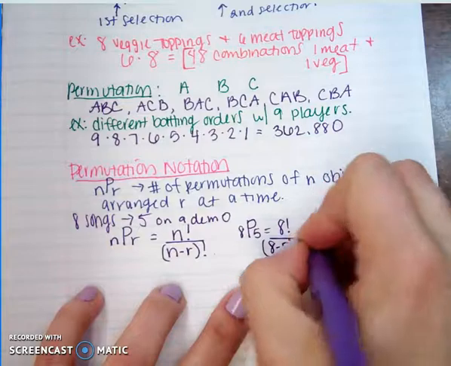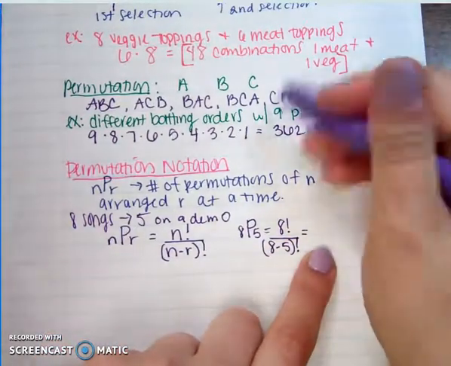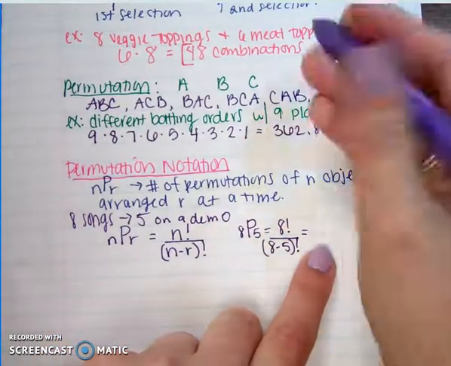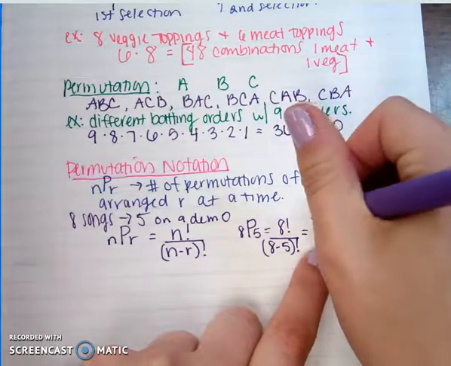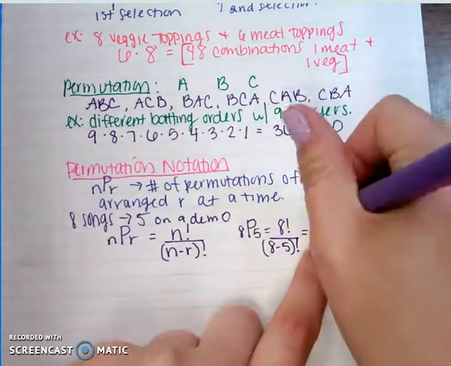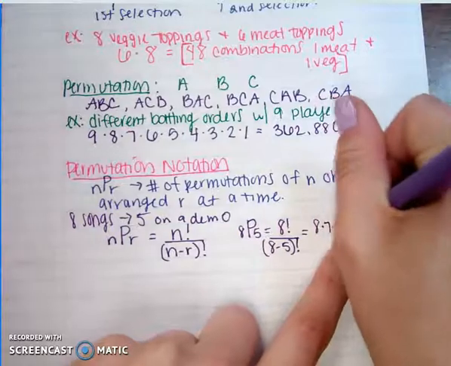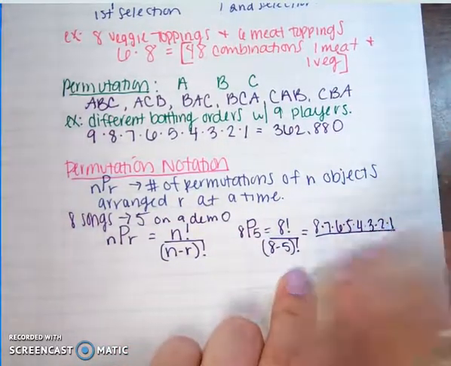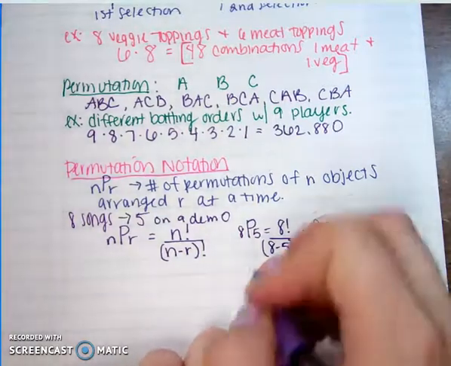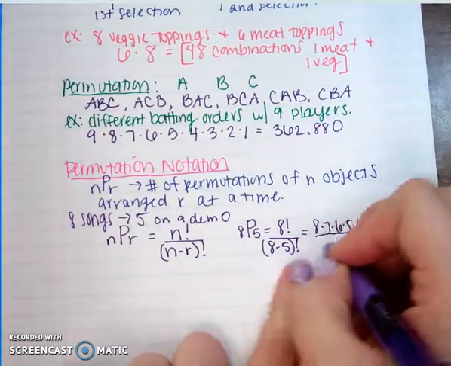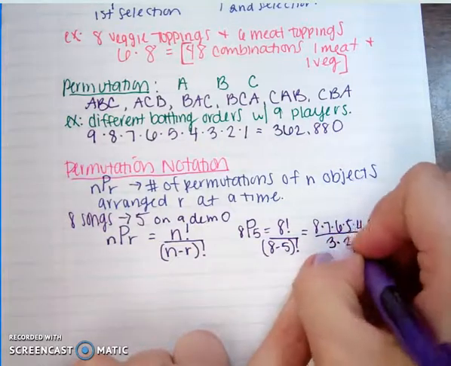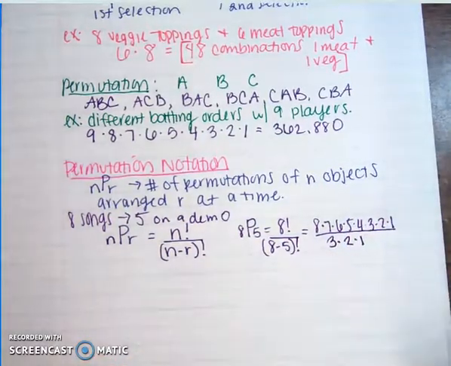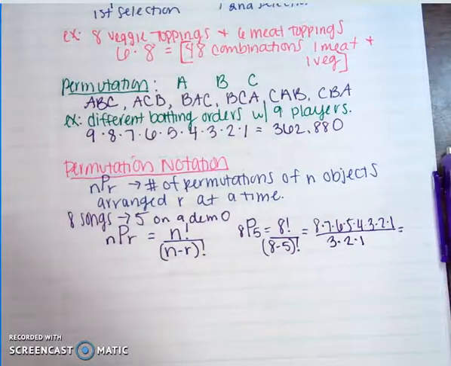What does factorial mean? It means those combinations, this permutation right here. So 8 times 7 times 6 times 5 times 4 times 3 times 2 times 1 divided by 8 minus 5, which is 3 factorial. So 3 times 2 times 1. All right, so we can put that in the calculator.